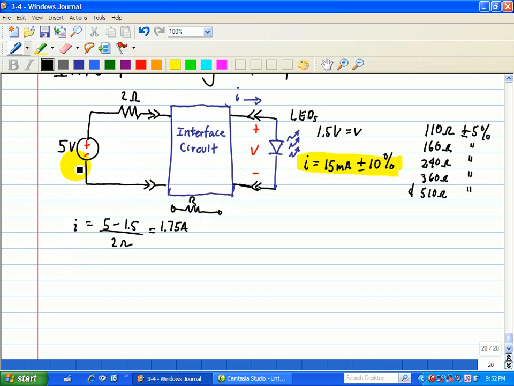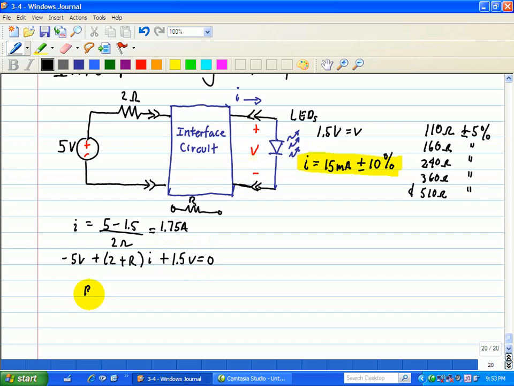So here we'll end up with minus 5 volts plus (2 plus R), adding this 2 ohm resistor with this interface circuit consisting of just a series R resistor, multiplied by the current I, plus the voltage drop V across here, which is already 1.5 volts, and that's equal to 0.